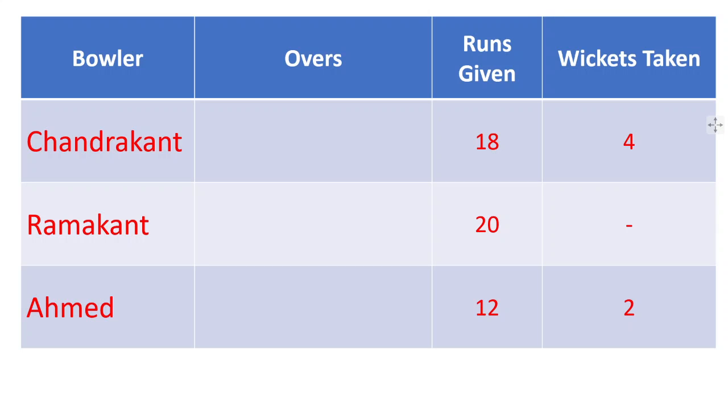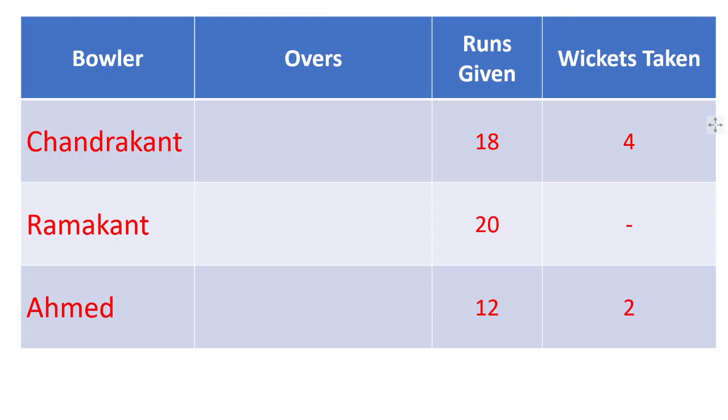Here the bowlers are Chandrakant, Ramakant and Ahmed. Runs given by each one of them are 18, 20 and 12 in the table. Chandrakant could take away 4 wickets. Ramakant couldn't take any wicket, but Ahmed could take 2 wickets. The column missing is that of overs.